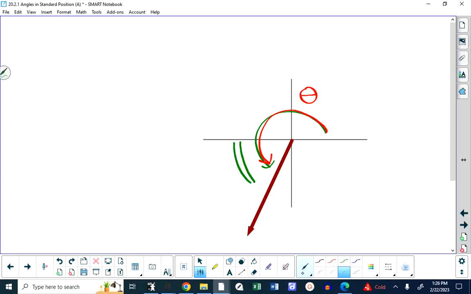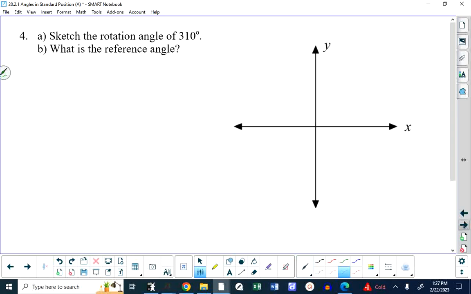So if you take the whole red arc and you subtract the 180, then you're going to get the reference angle. So that will always work. And I think you see where this is going. What if it's 310? Well, 310 degrees is going to be approximately there, roughly. In my mind, what I said was 310, this is what happened in my head. 310 degrees is 50 degrees shy of 360.